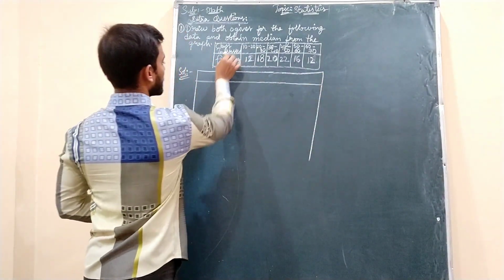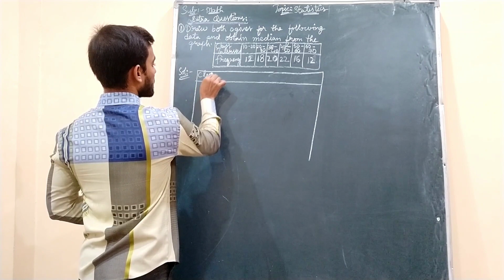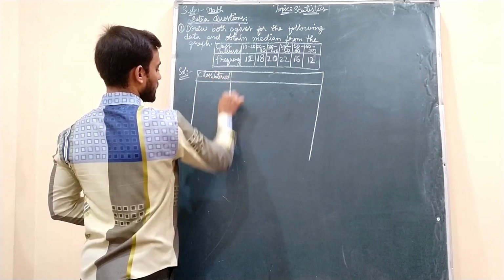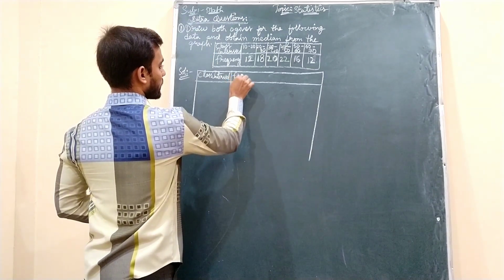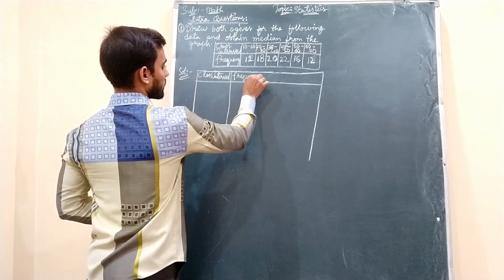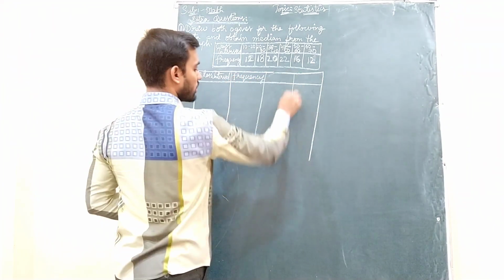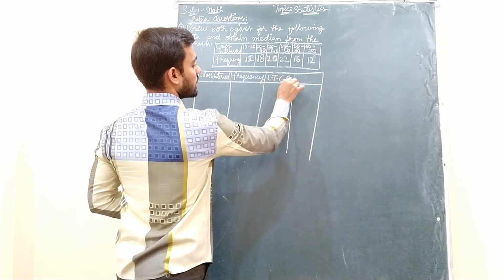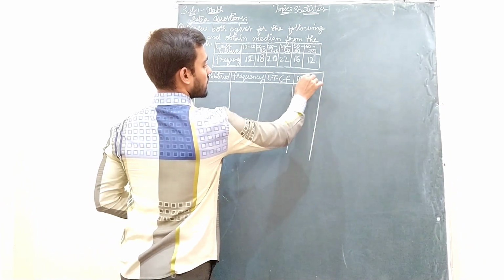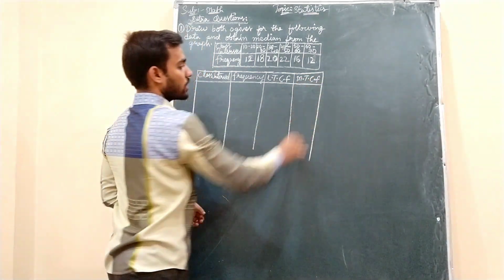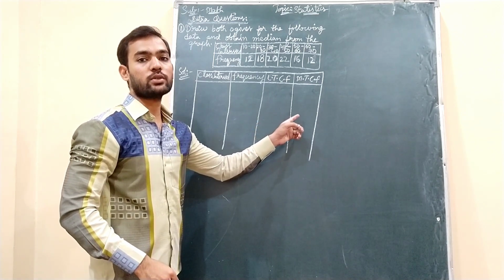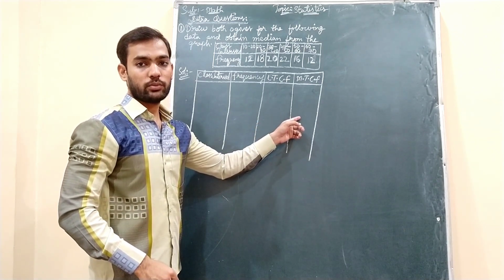First column is from the question itself, class interval. Okay, next frequency. Then two more columns: one is less than cumulative frequency and the last one is more than cumulative frequency, because for drawing less than ogive you need less than cumulative frequency, for drawing more than ogive you need more than cumulative frequency.